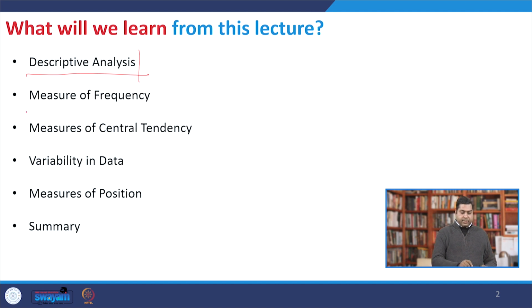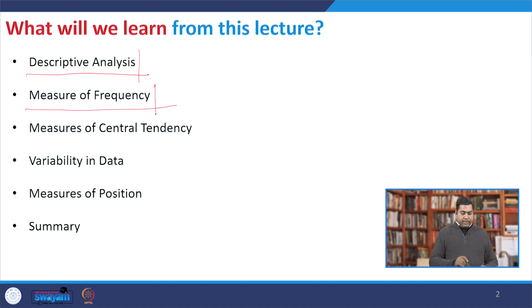In that case, there are certain typologies where we are going to measure the frequency of certain variables. It may be the frequency of a certain score, like exam marks, or the age group, or the frequency of male and female in a particular sample.